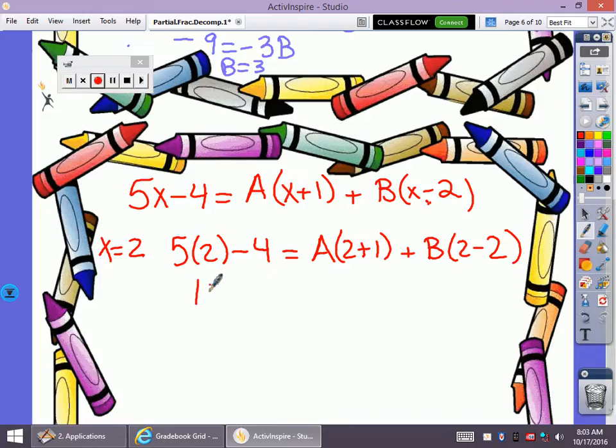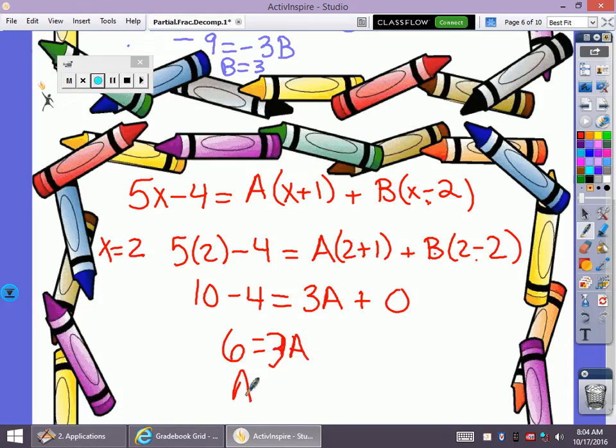That gives me 10 minus 4 equals 3a, plus 0 because 0 times b is 0. So 6 equals 3a, making a what value? 2. When I plug in 2, that gets rid of b because I made it 0, and so that leaves a.